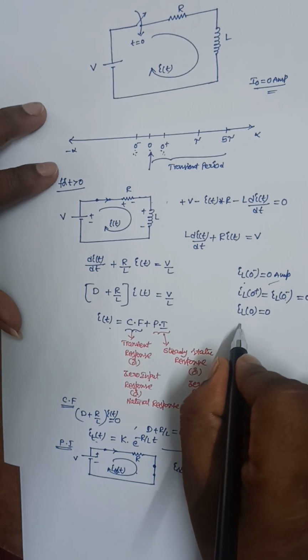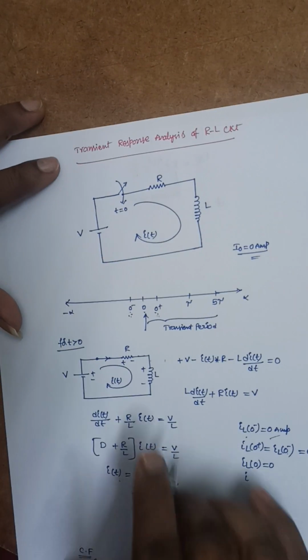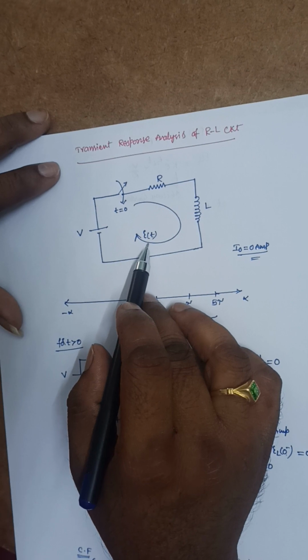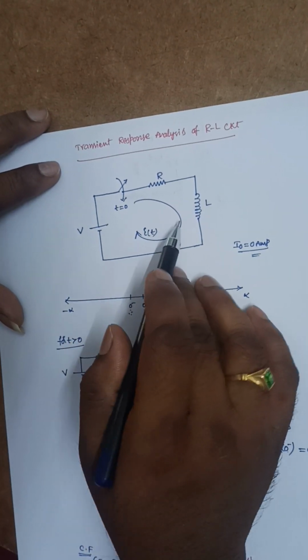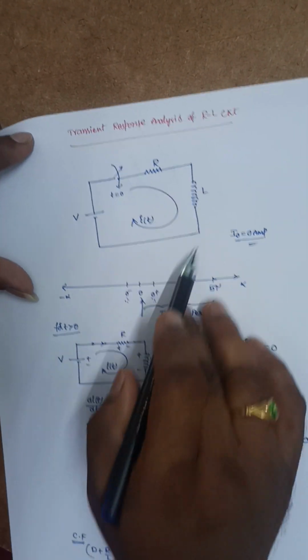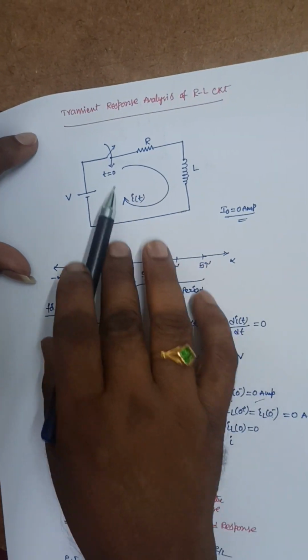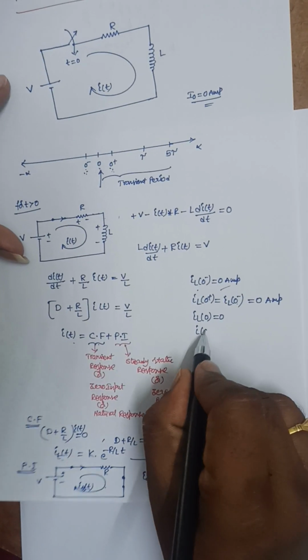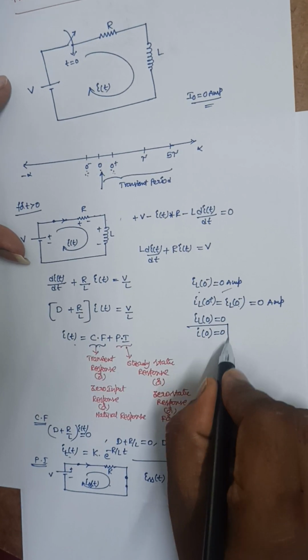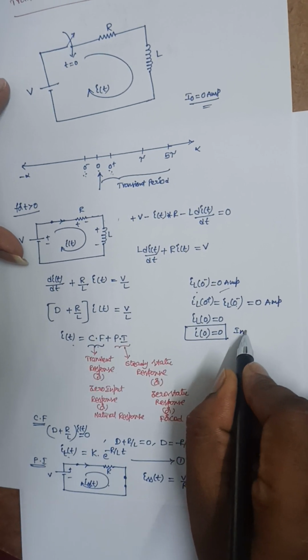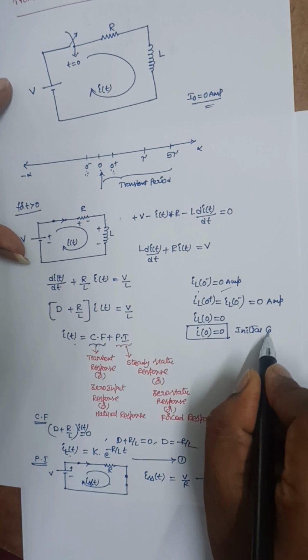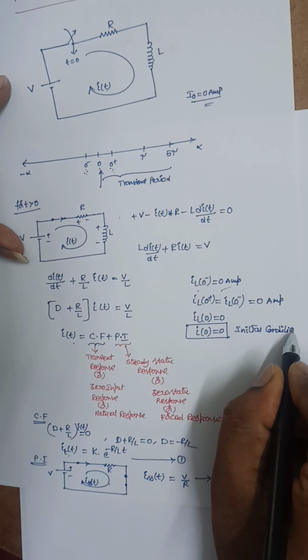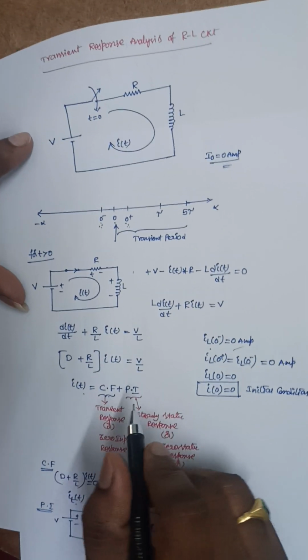So I_L of 0 is the current flowing through the inductor, that is I of 0, I of t or I_L of t. So here at t is equal to 0, I_L of 0 or I of 0 is equal to 0. This is the initial condition. That means at t is equal to 0, the current flowing through the inductor is 0.